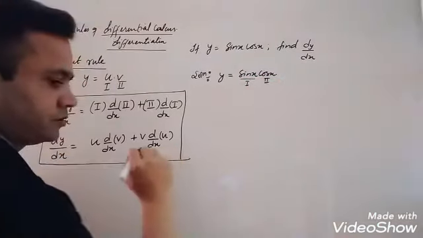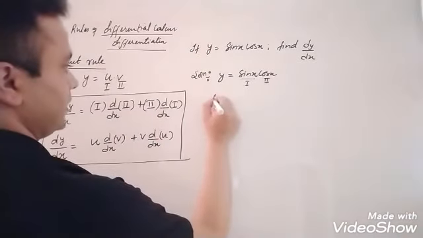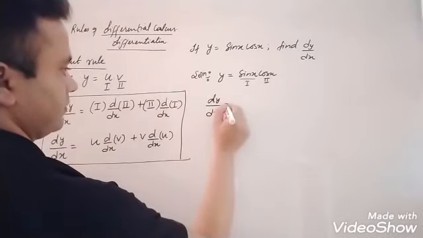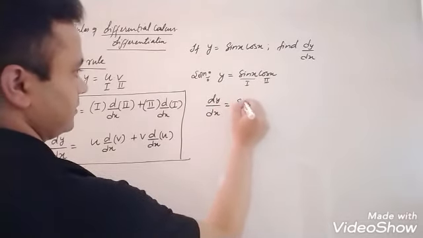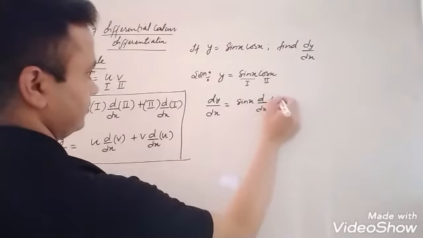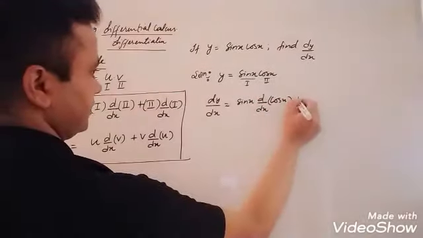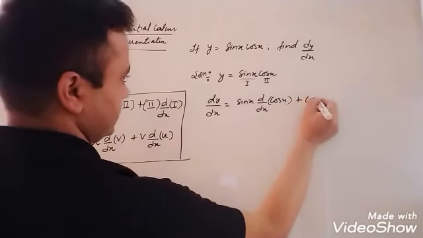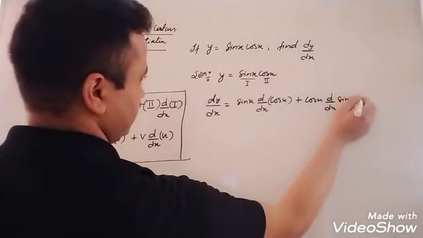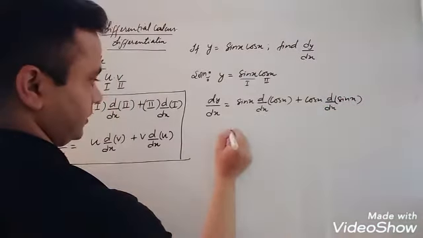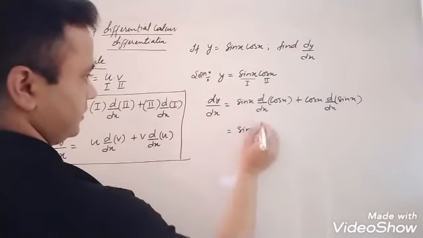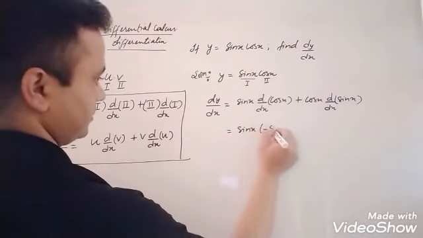Now applying product rule, dy by dx equals first function sin x, differentiation of cos x, plus second function cos x, differentiation of sin x. Okay. Now sin x is sin x. Now what is the differentiation of cos x? It is minus sin x.